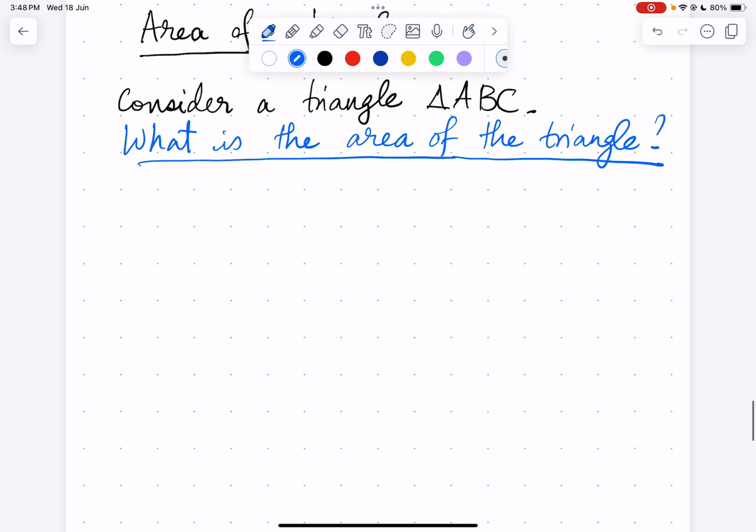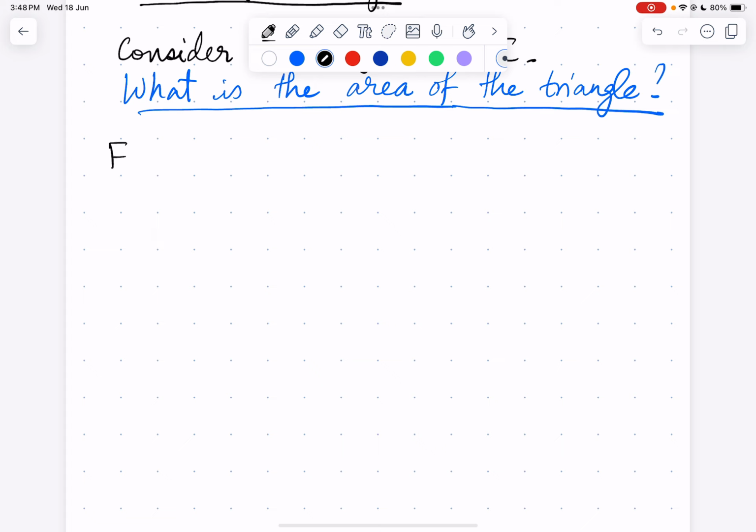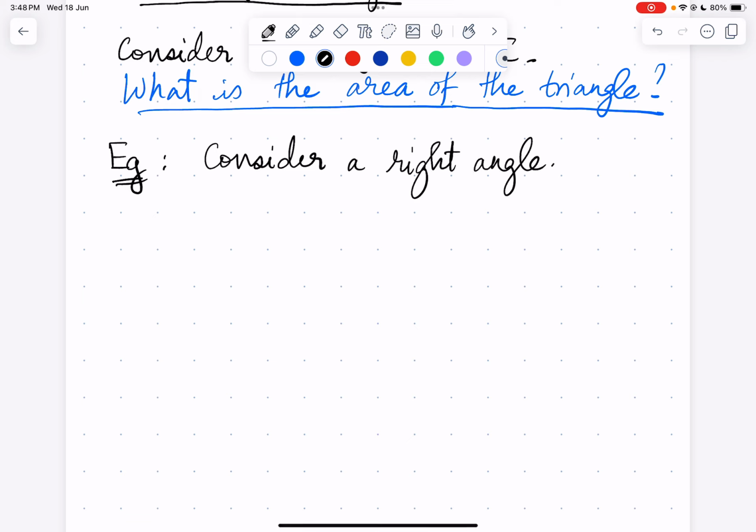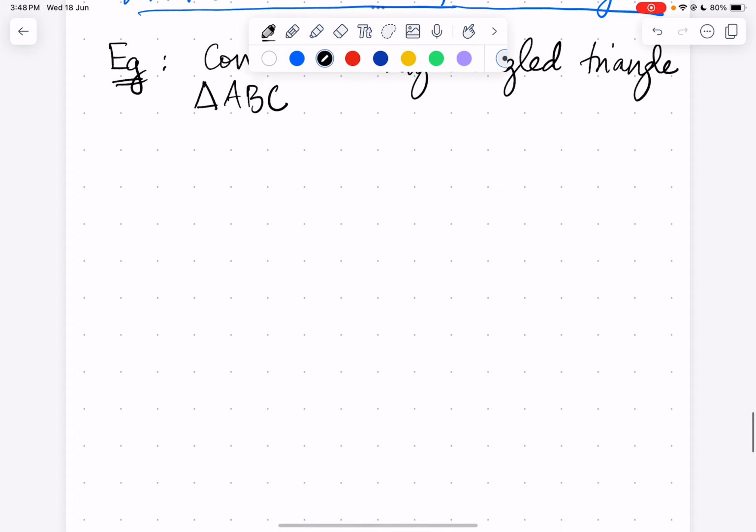So, we'll first consider a simpler version of the problem. So, consider a right angle triangle. So, this is a right angle triangle.